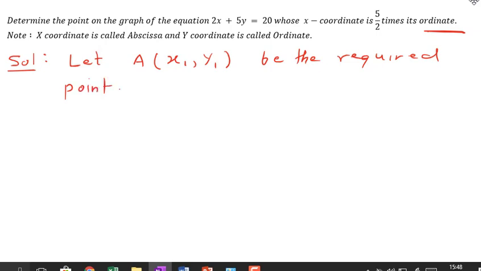Now as per the problem, the x coordinate is 5/2 times the y coordinate.